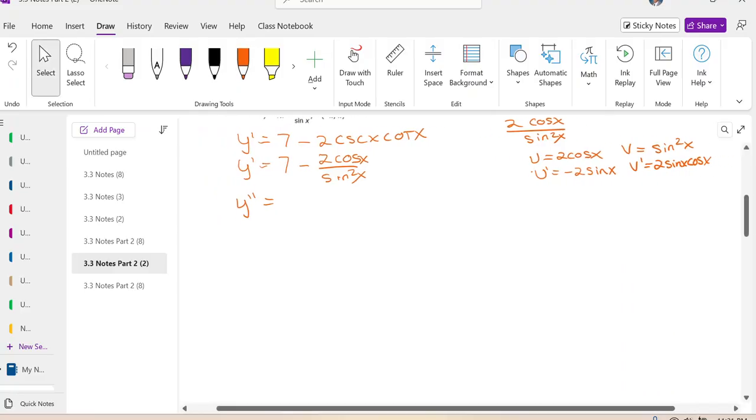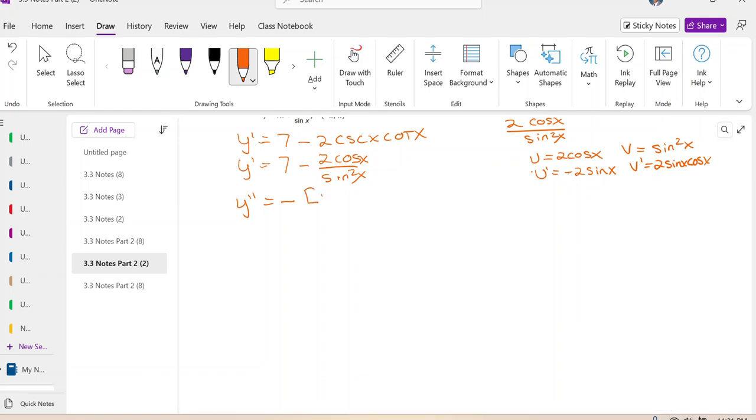So when we do the double derivative, the negative stays here. So remember, it's u prime v, so it's negative 2 sine to the third x, minus u v prime, so it's 4 cosine squared sine x, and that's all over sine squared squared, which is sine to the fourth.